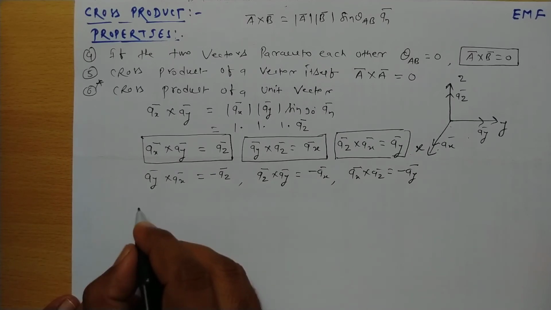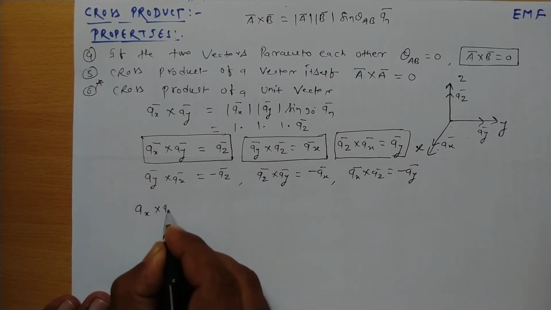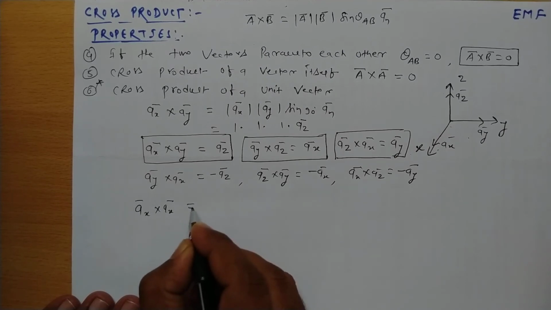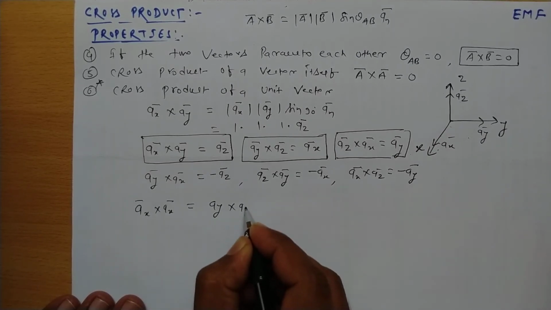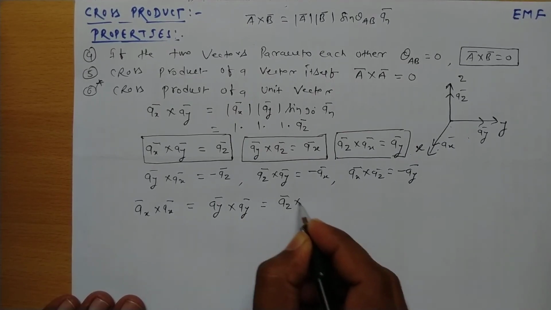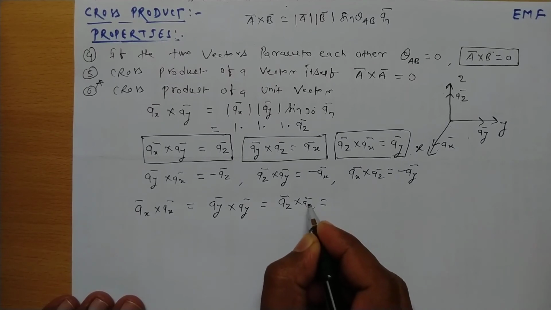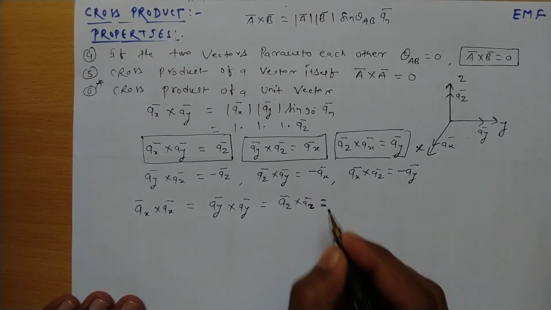If I write the cross product of a unit vector with itself, AX cross AX equals AY cross AY equals AZ cross AZ. Can you tell me how much we'll get?